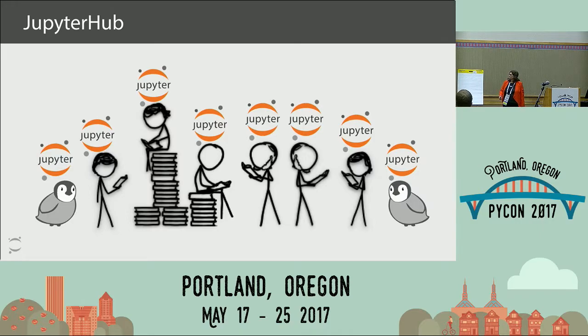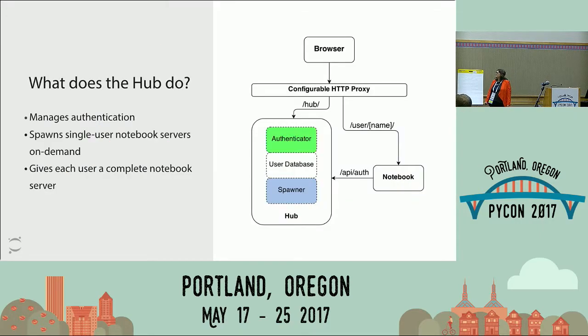And the hub itself basically manages authentication of users, because you wouldn't want Kojo over here using Jess's files unless Jess gave him permission to do it. That would not be cool. And then the hub also maintains that database of users.